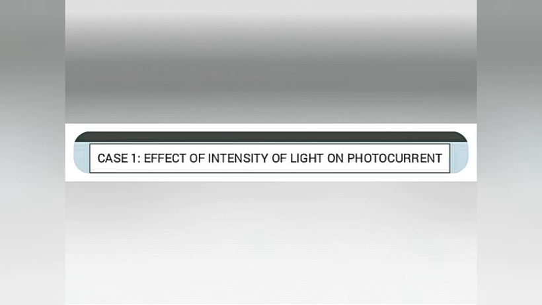Here, how is the intensity of radiation varied? By adjusting the distance between the cathode and the source of light, the intensity of the light can be varied. When the distance between cathode and source is small, the intensity will be more.